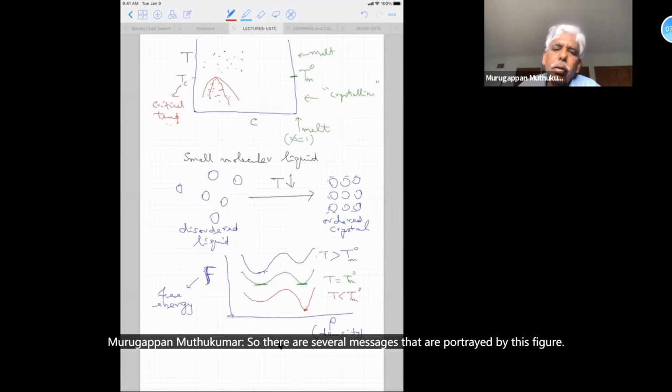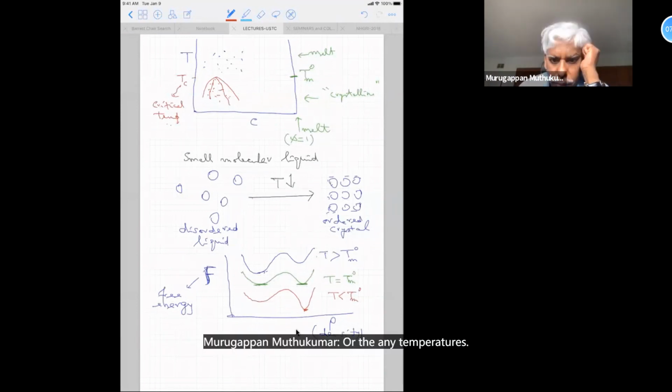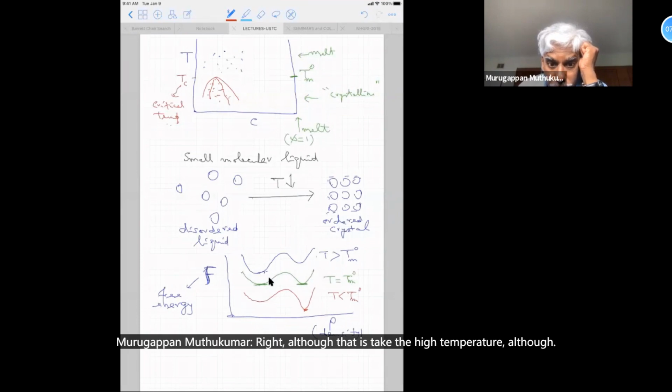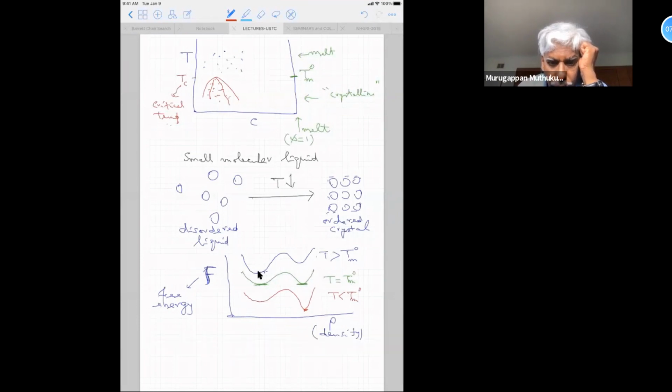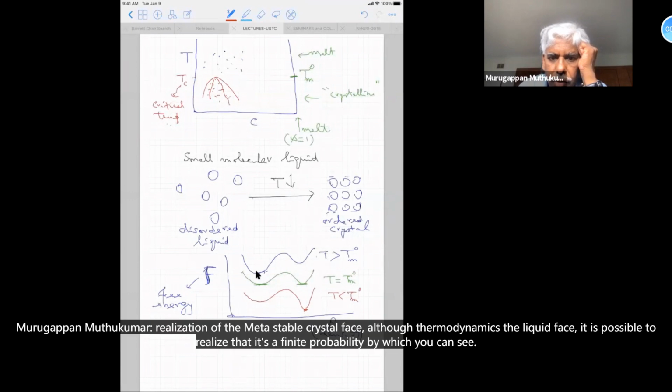So there are several messages that are portrayed by this figure. At any temperature, let's take the high temperature, although this is a global free energy minimum, that is, the liquid phase is stable, it is possible to find some realization of the metastable crystal phase.